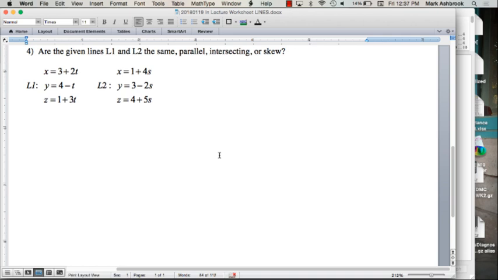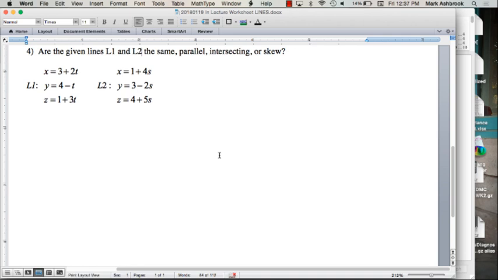What's a line that's skew to that line? Like this, right? It's not parallel to the one I said, and it's not going to ever intersect it. So that's what's called skew.